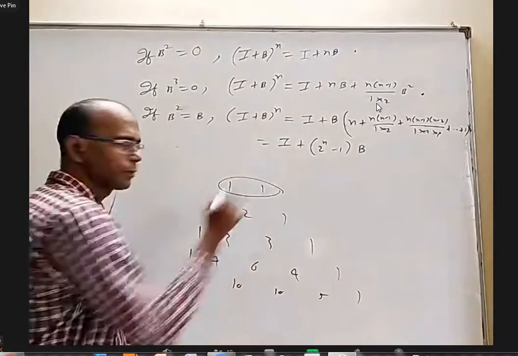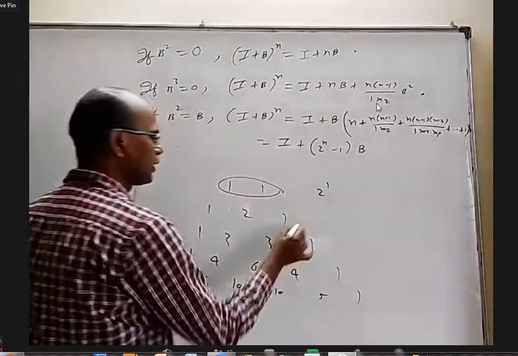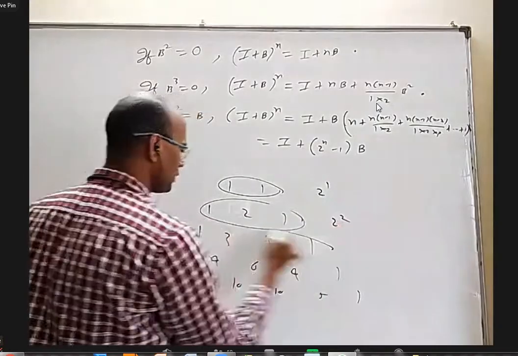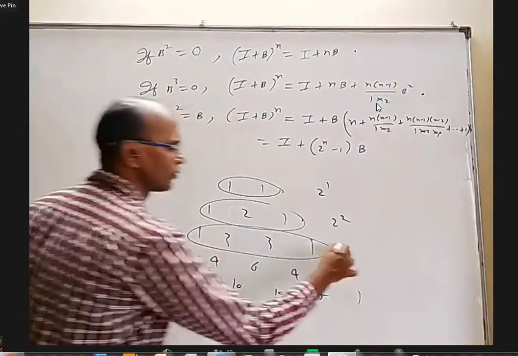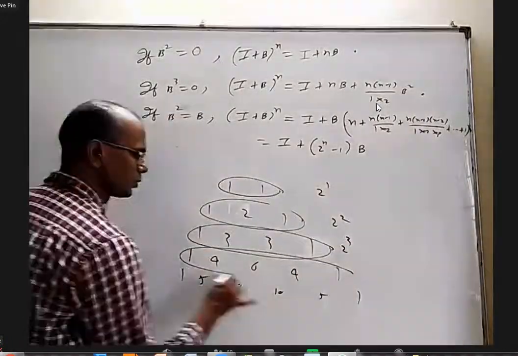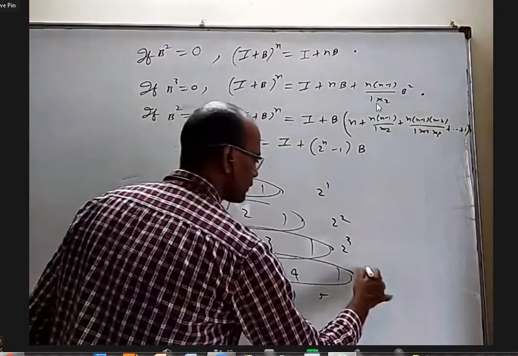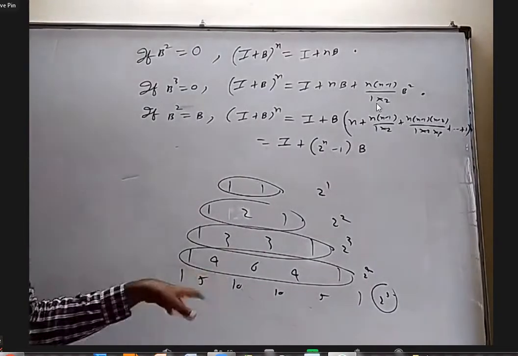What is this sum? 2. And what is this sum? 4, 2 square. And this sum? 8, 2 cube. And this one? 2 power 4, 16. And the next, 2 power 5, 32.